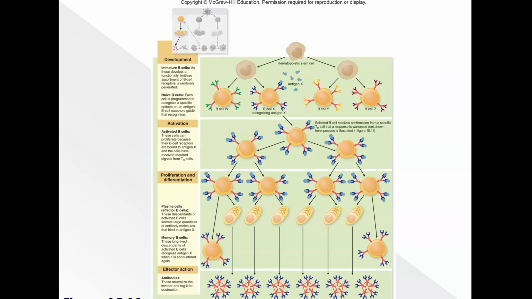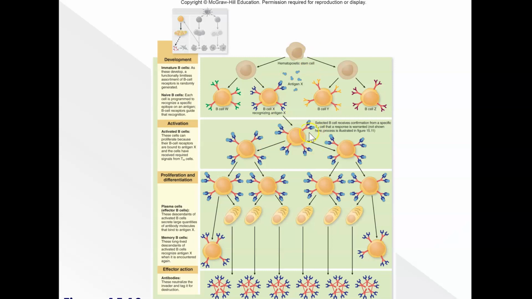And so that second signal is crucial in order for this B cell to turn into a plasma cell and start pumping out those antibodies that will then lead to, remember, complement activation, natural killer cell activity, opsonization, and all those things. So that second signal is given by helper T cells.